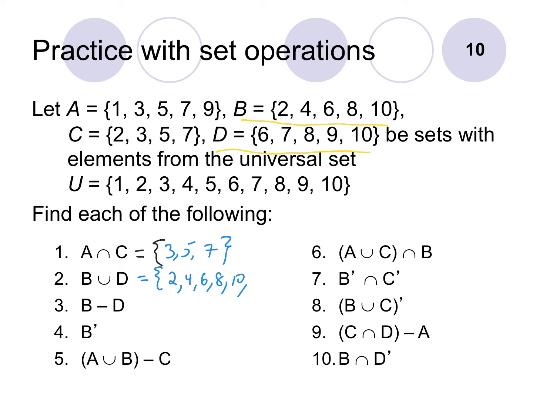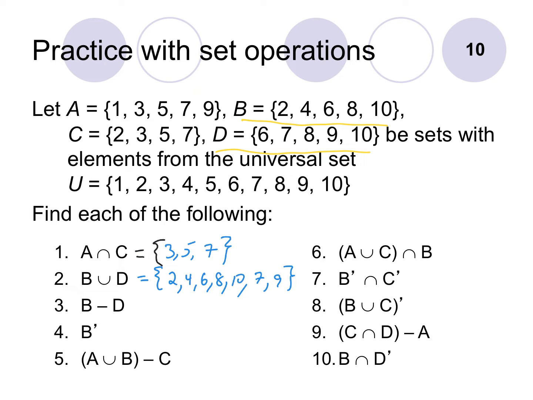Then I'll look at D and ask, who else do I need? 6, 8, and 10 are already in my set, so I only need 7 and 9 to get the rest of them. You can see how when I do it that way, my numbers don't end up in order, and that's why at the beginning of this unit I talked about the fact that the order of the elements within the set doesn't make any difference, and it's not that unusual for a set to arise where the numbers aren't in any particular order.